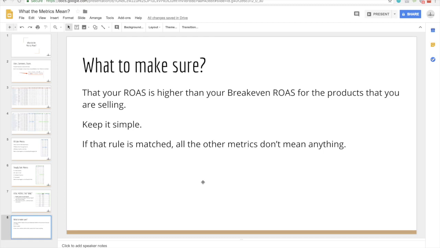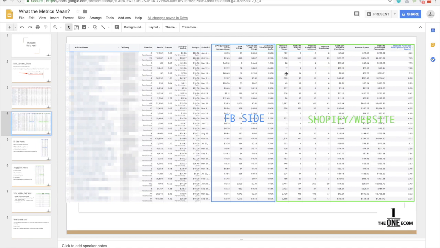Because at the end of the day, you are pocketing the profit, and that's what matters most, the money you keep.